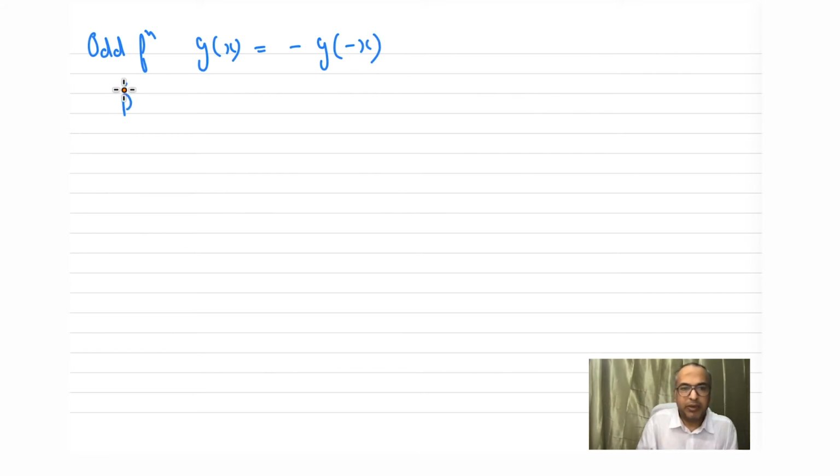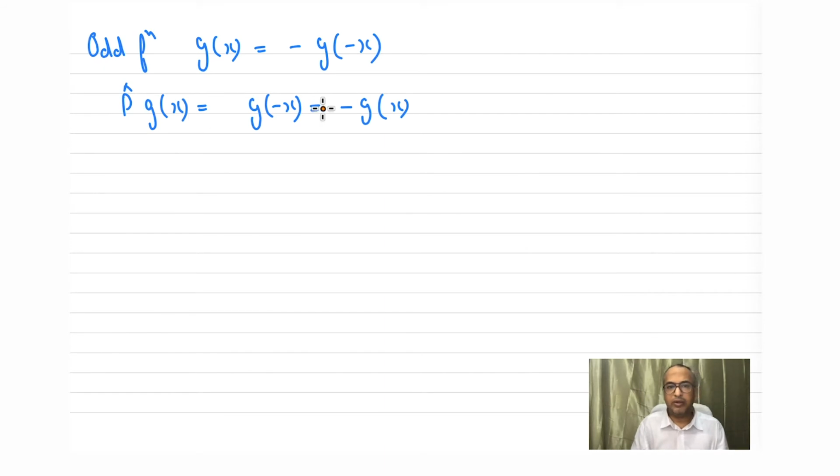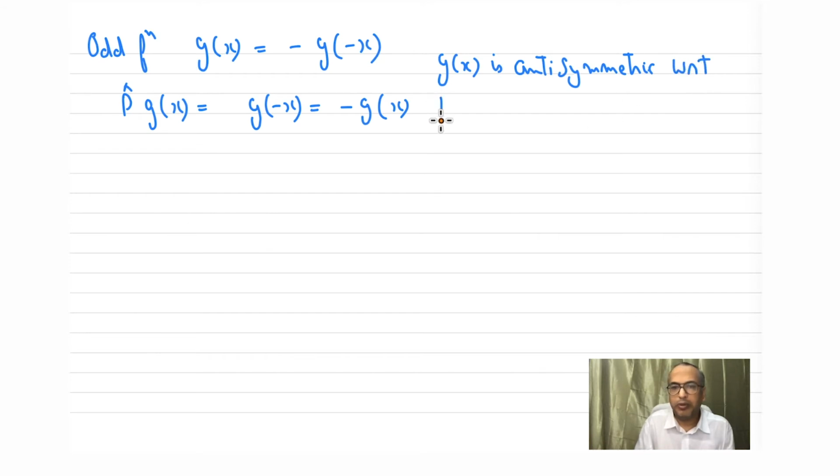Now if we apply parity on g(x), what we will get is g(-x), and in turn we'll get minus g(x). So if we get this kind of situation, we say that g(x) is antisymmetric with respect to parity.